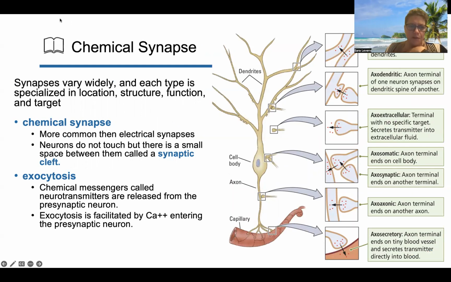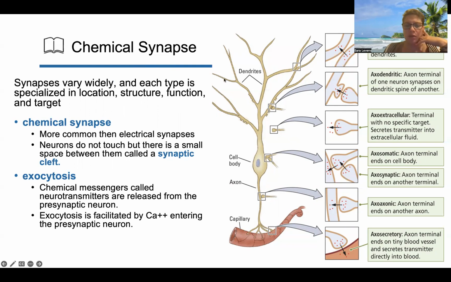All right, so shifting this over here a little bit, you guys know that this is the chemical synapse. I talked about this a little earlier when we were going over these synapses. Synapses generally vary widely, and each type is specialized in location, structure, function, and target.